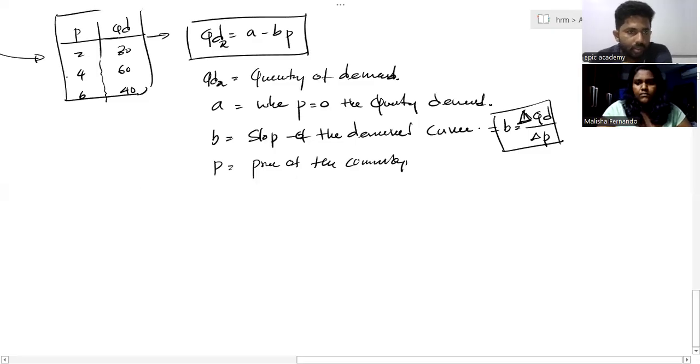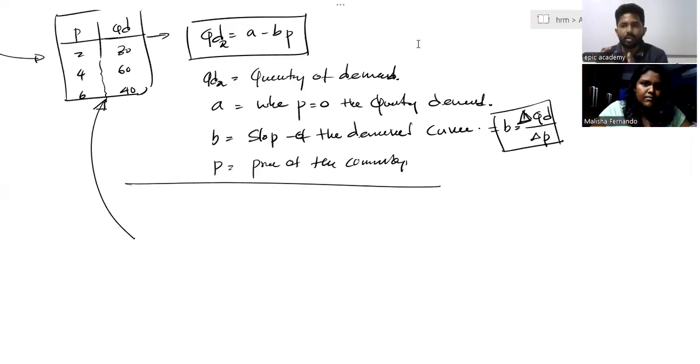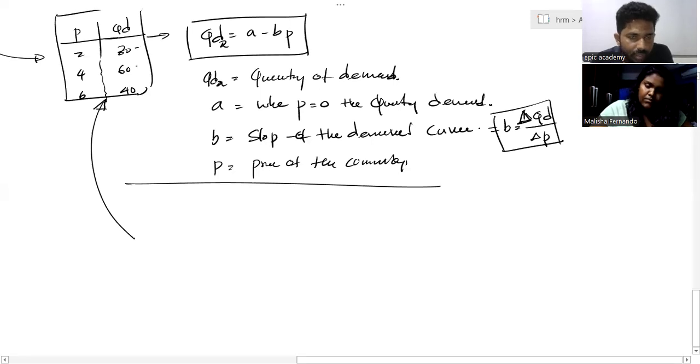Right. You already got the schedule. This is the schedule. Delta means the amount of change. As an example, delta QD between this 80 and 60 is 20. Changing amount. Between this 60 and 40, delta is 20.